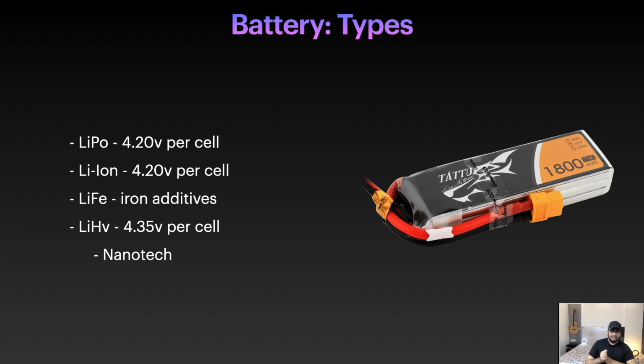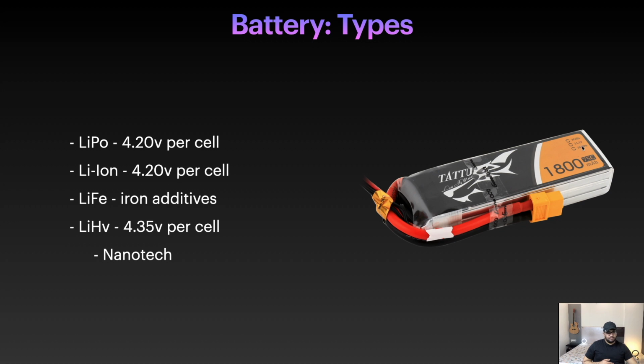So imagine the Li-HV battery will give you slightly more RPM because of the higher voltage. These are the common cells which are used to make batteries for drones. Each cell has some voltage, and when you combine these cells together, they form a battery. On the right you can see a 3-cell battery, it's mentioned here, and it's also marked 11.1 volts.